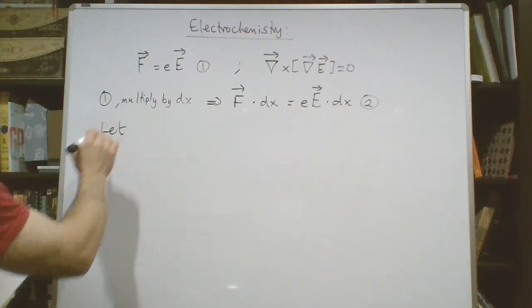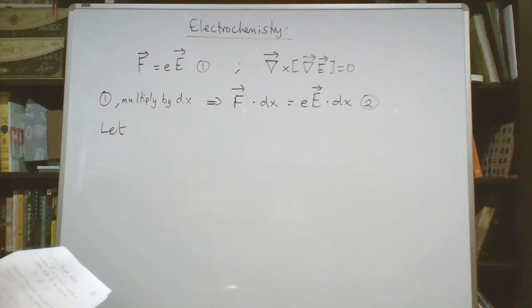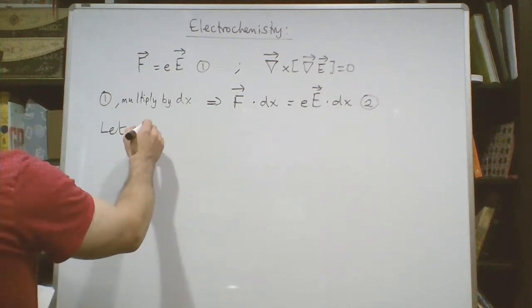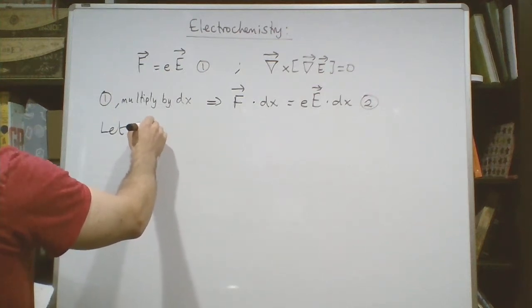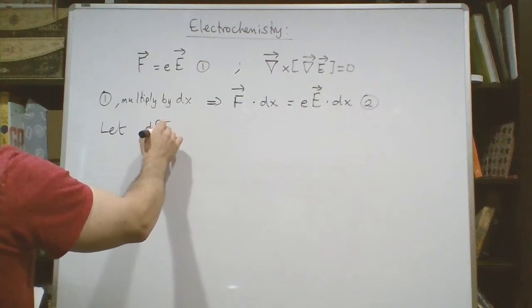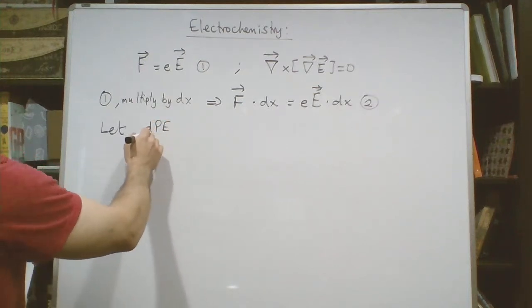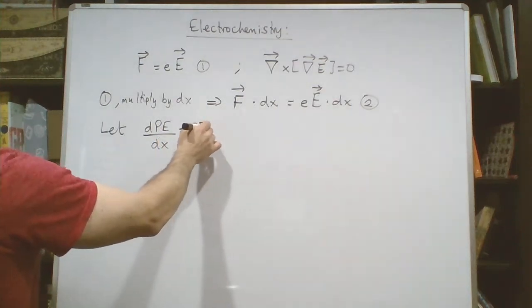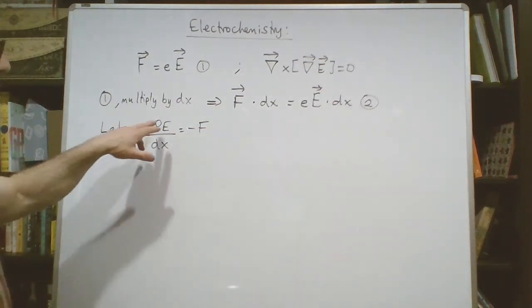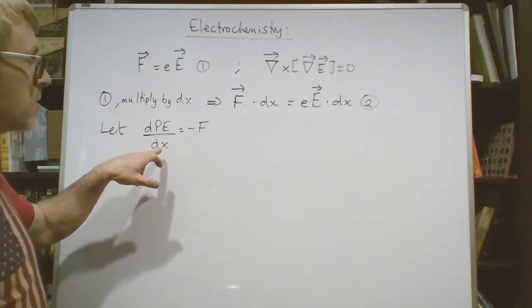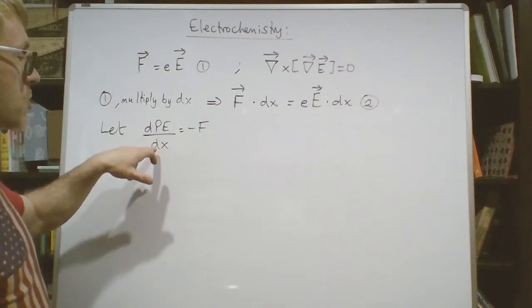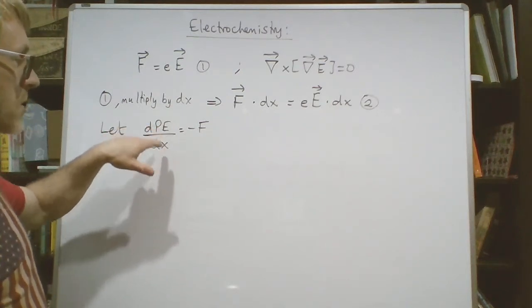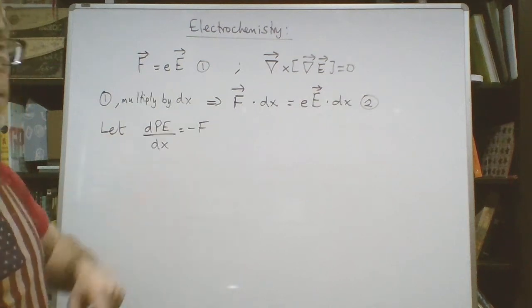Now, I'm going to make an assumption. It can be a recollection if you know it, but let the change in potential energy by dx, this is just a definition. So by definition, potential energy, which is position sensitive, the change in the potential energy with location is a minus force.